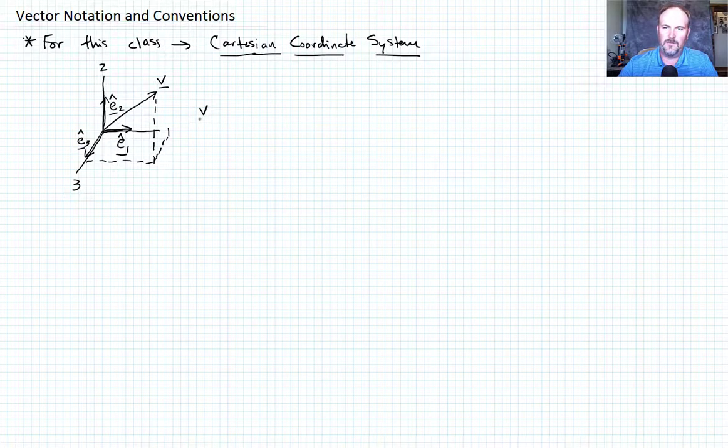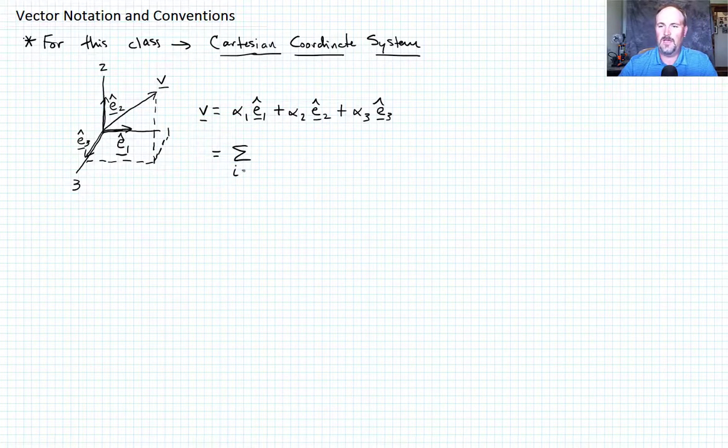So we would write the vector V is equal to some alpha 1, which is the projection of V into the one direction, times the unit vector E1, which in the olden days back in your undergraduate career, you'd write as I, plus alpha 2 E2 plus alpha 3 E3, which we could write more compactly as the summation from I equals 1 to 3 of alpha I EI. Okay?